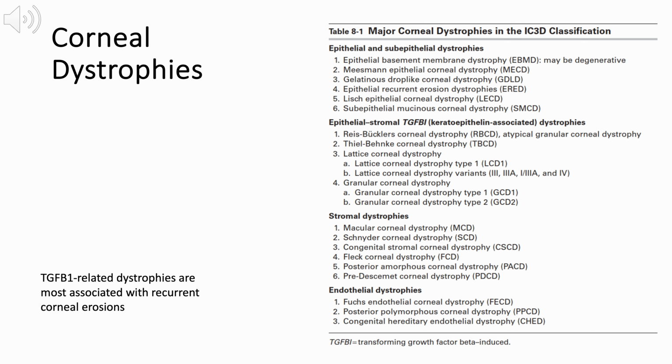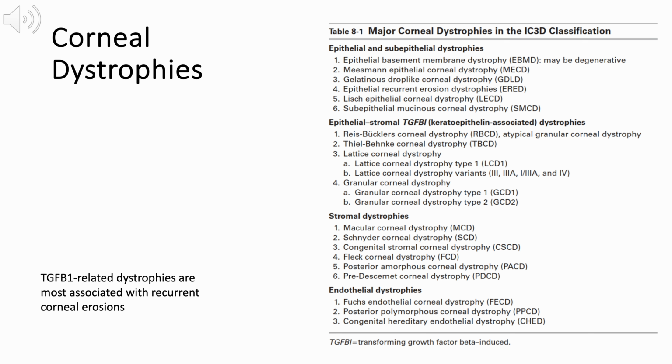Moving on to the stromal dystrophies. This category includes macular corneal dystrophy, Schnyder corneal dystrophy, congenital stromal corneal dystrophy, fleck corneal dystrophy, posterior amorphous corneal dystrophy, and pre-Descemet corneal dystrophy. Finally, the endothelial dystrophies.